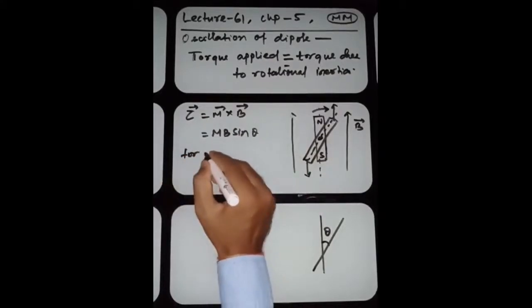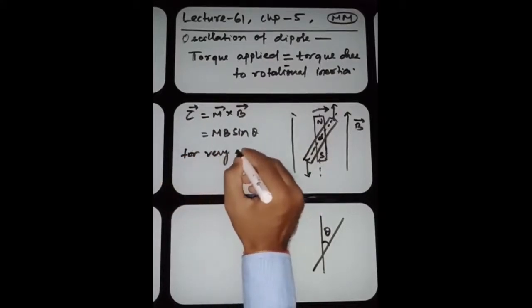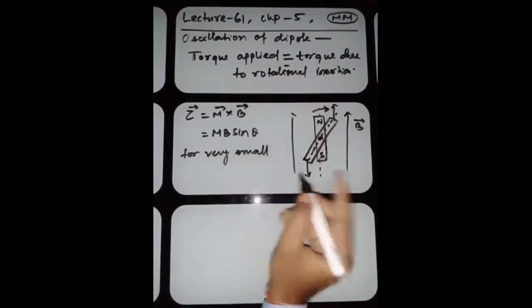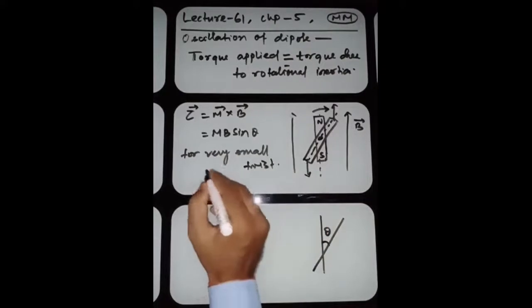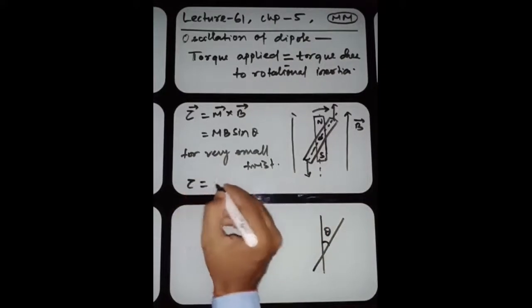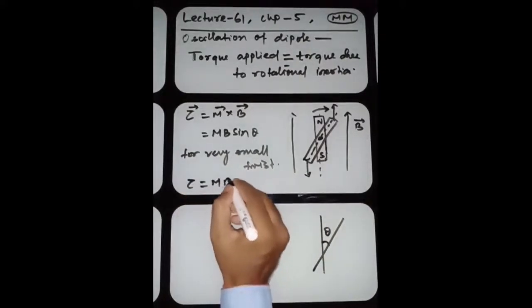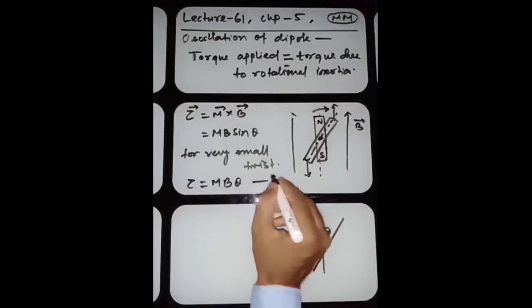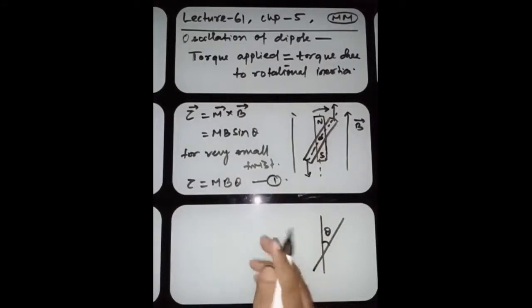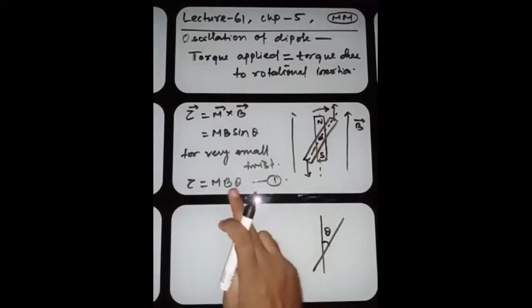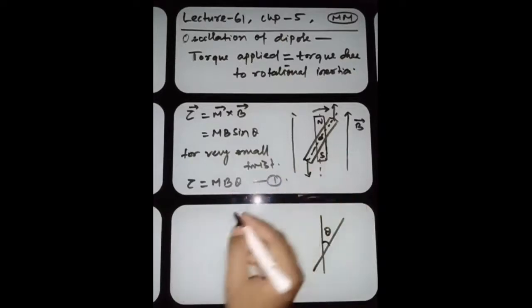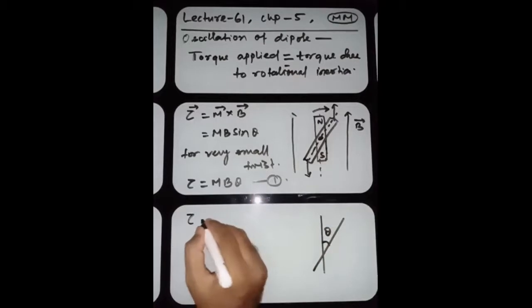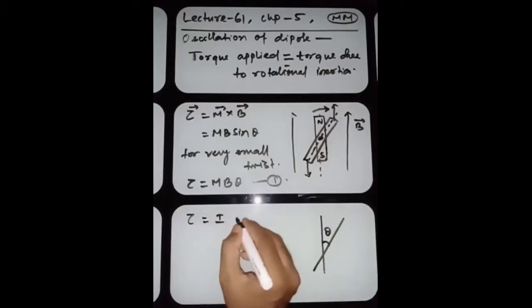And for a very small twist, this tau could be written as mB theta. Equation 1. Am I right? Yes. Now this torque will be counterbalanced by the torque due to inertia, and we know that tau is equal to I times alpha.